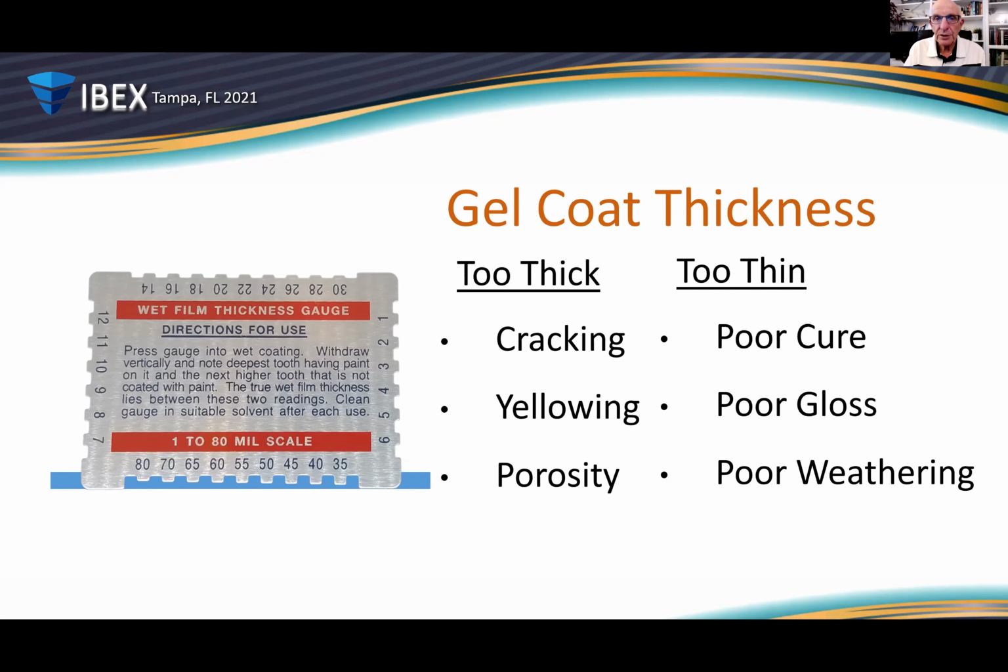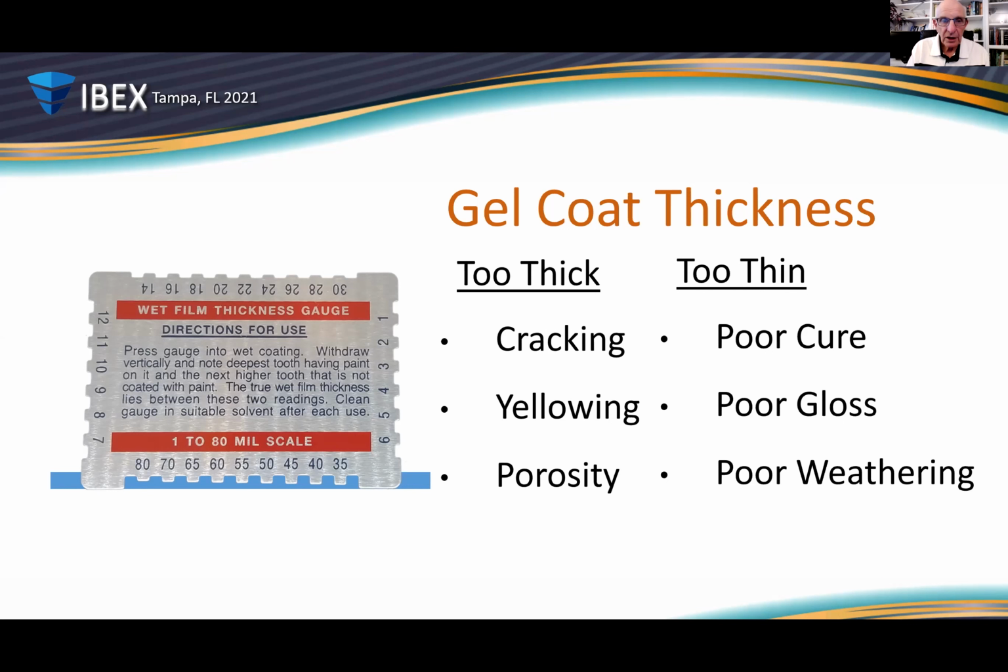They both lose the same amount of styrene. However, percentage-wise, that's twice as much styrene loss from the 10 mil gel coat as it is from the 20 mil gel coat. So as gel coat gets to be thin, and the thinner it gets, the worse it becomes, there may not be the mechanism for a complete cure of the material.